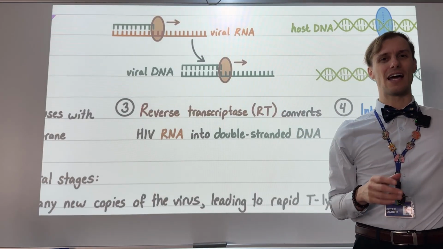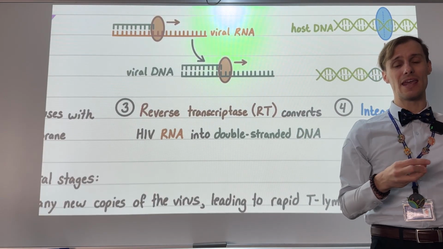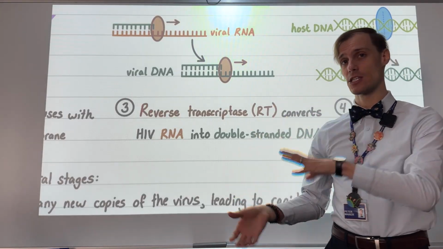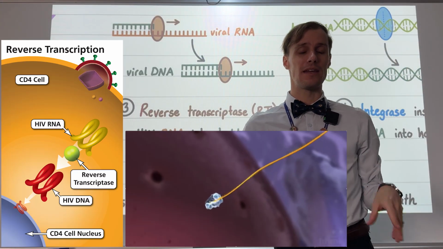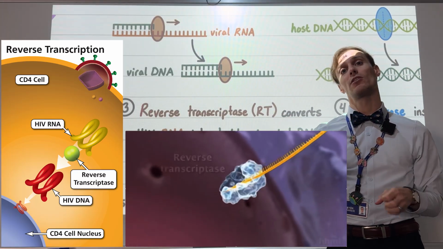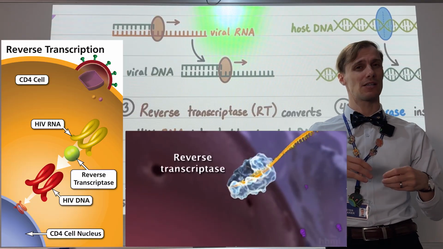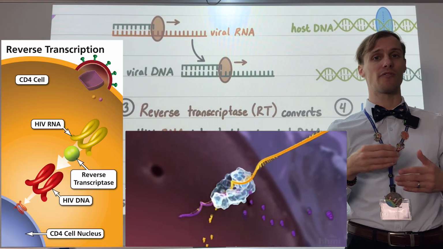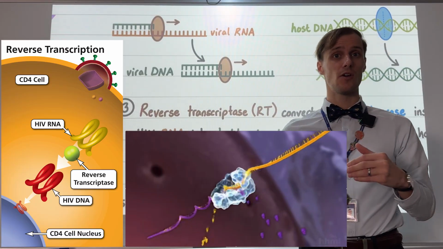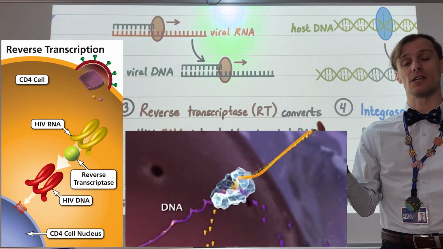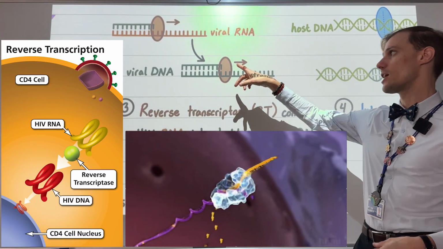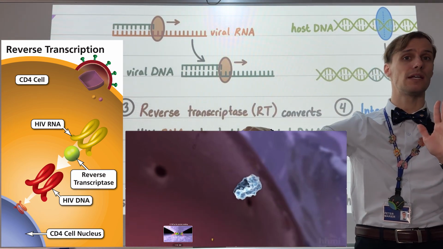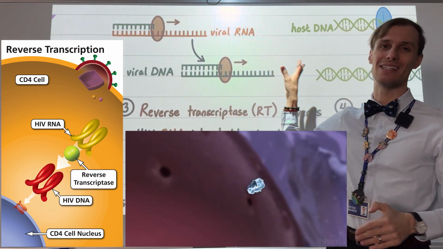HIV is actually a retrovirus, meaning that it has an enzyme that is able to convert its RNA into DNA. In our processes, we were able to convert DNA to RNA in a process called transcription. So they have an enzyme called reverse transcriptase, which, as you may imagine, does the reverse process. It is able to convert their single-stranded viral DNA into double-stranded DNA.